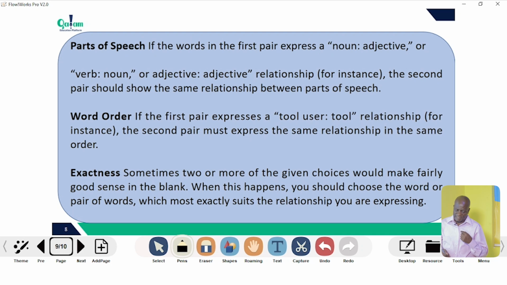Like I say, farmer to a hoe, carpenter to a hammer, because a carpenter uses a hammer to do the work, and a farmer uses a hoe to dig the land.